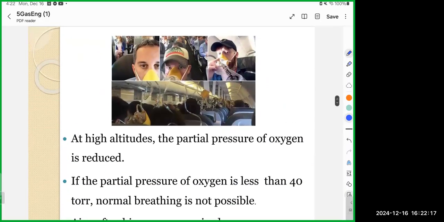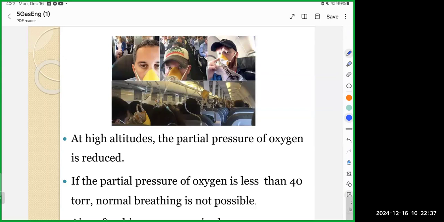When you travel by plane, you go to a very high altitude. There is a pressure modulator inside the plane. That is the reason why we can breathe normally.